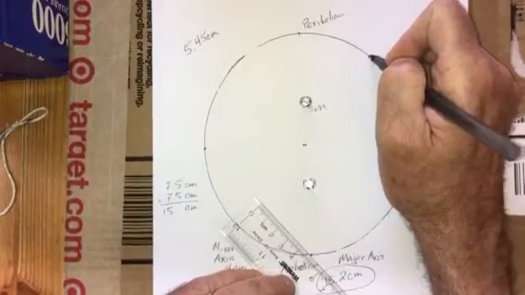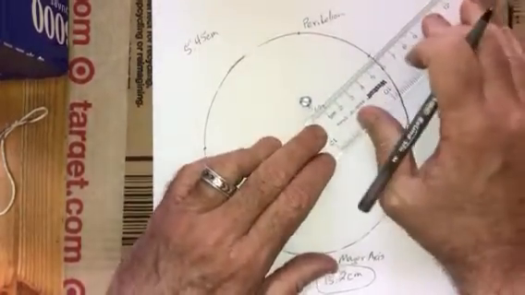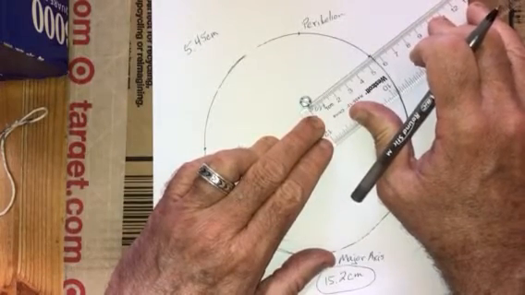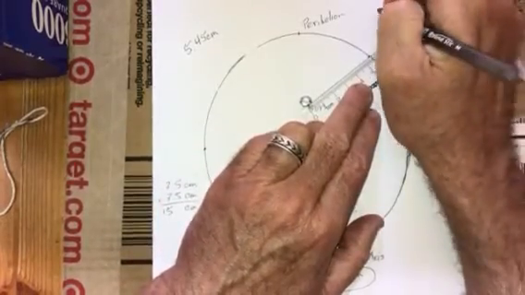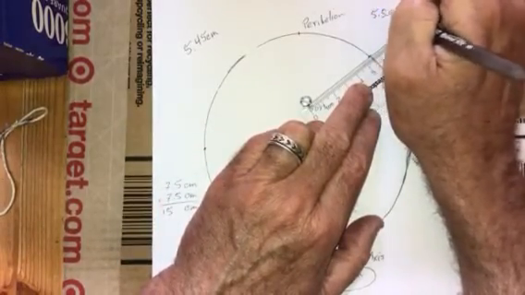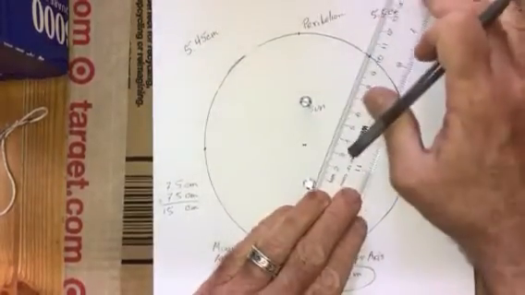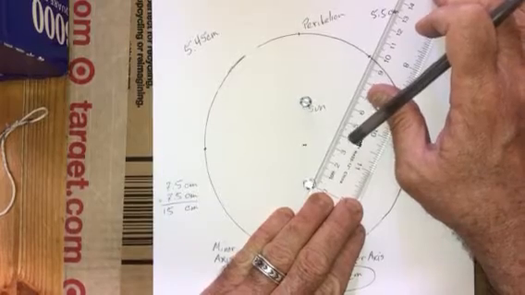Let's do it for this one over here. Okay, so if we get that distance, it looks like it's about 5.5 centimeters. And then we're going to go from the other focus all the way over there.